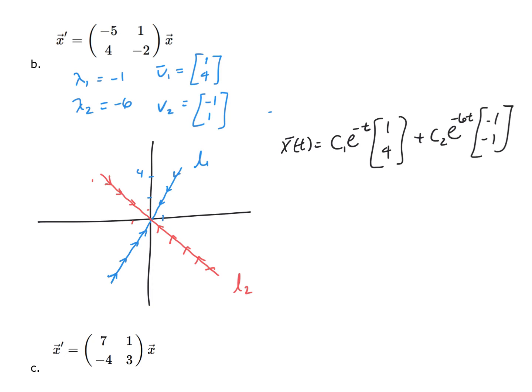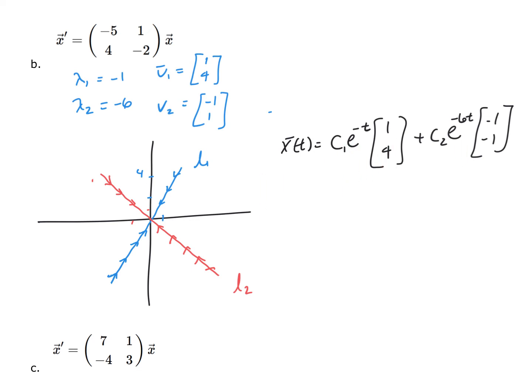Now, the vector that's going to dominate is actually the -t. The reason is that it's not going to decrease as quickly as this one. So this one's going to dominate.